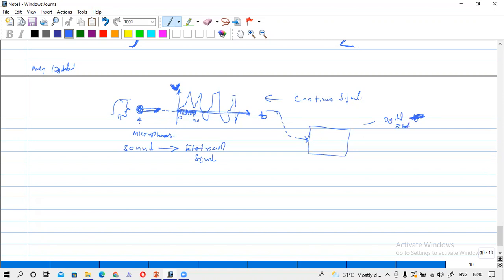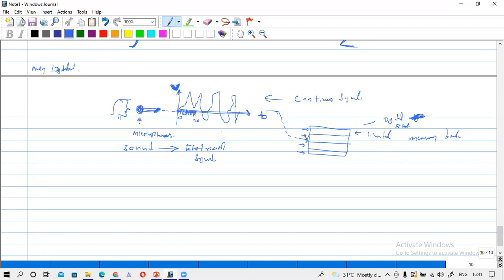It has some memory banks. You have to store the voltage values in these memory banks, and you can see that we have limited memory banks.